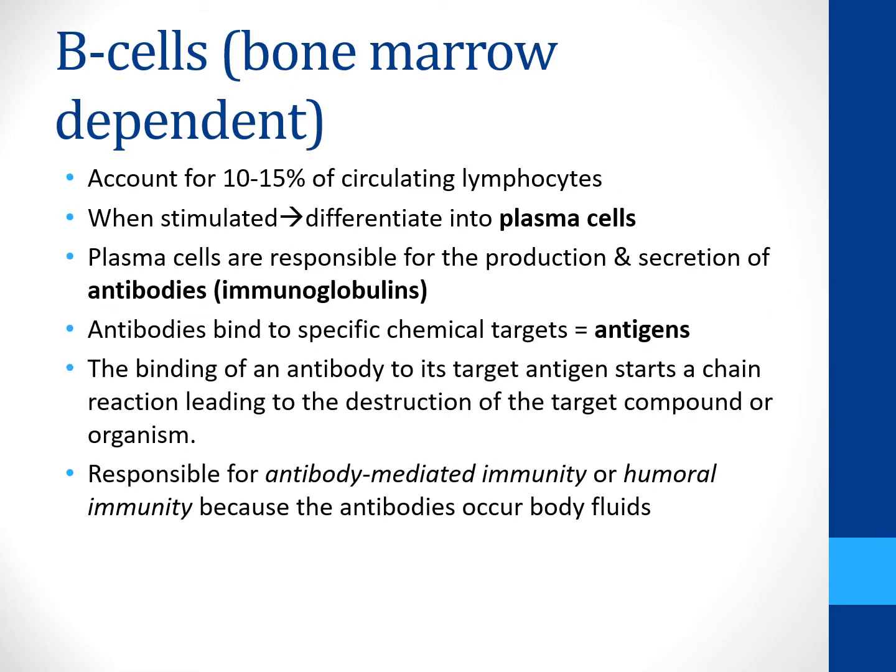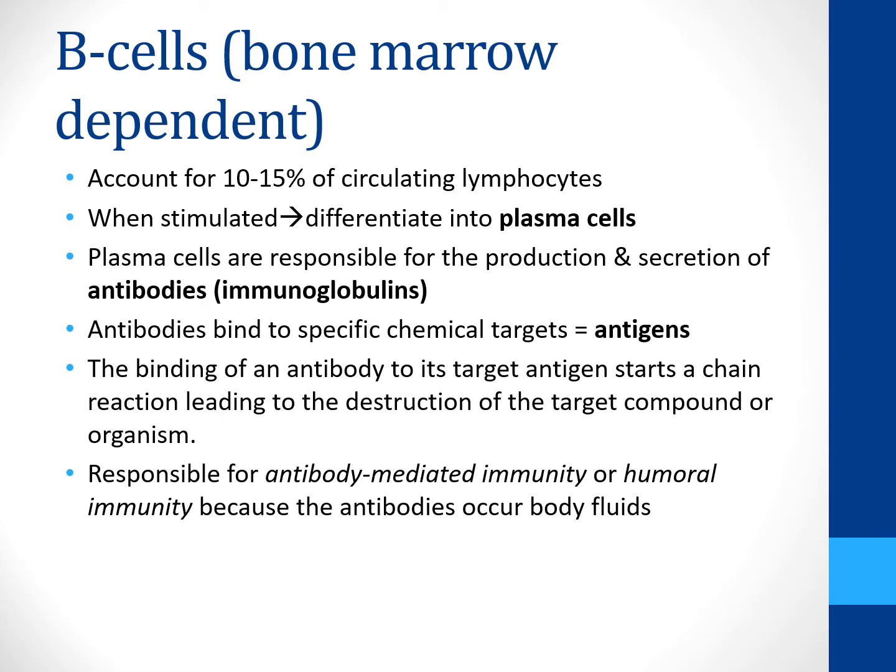B cells make up about 10 to 15% of our lymphocytes. When they're stimulated by a T helper cell, they differentiate into a plasma cell, and the plasma cells make our antibodies. Antibodies are also called immunoglobulins. We're going to learn about each of the different types of antibodies a little bit later. Those antibodies bind to specific targets called antigens.